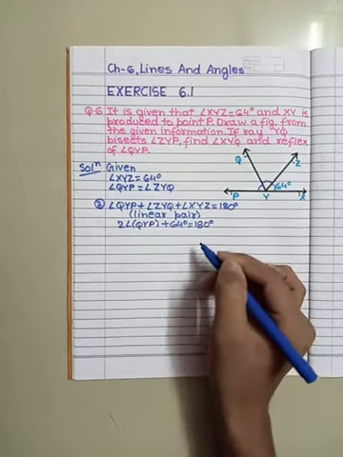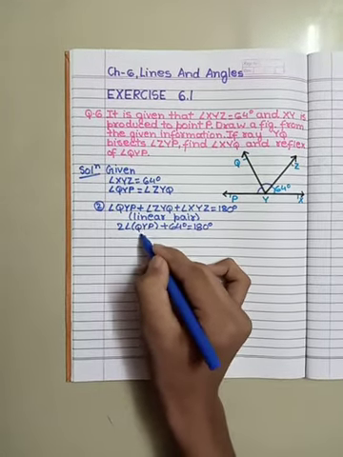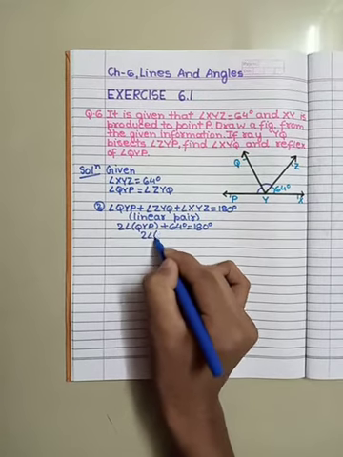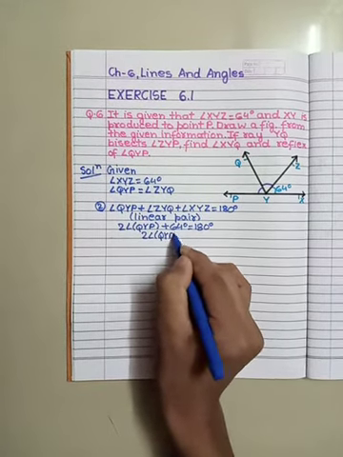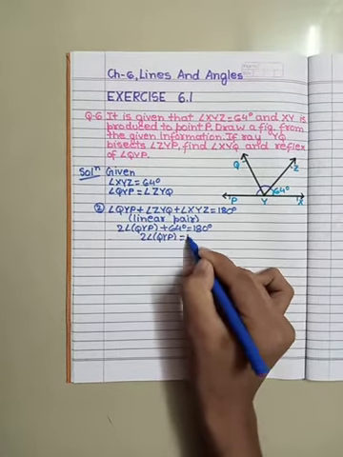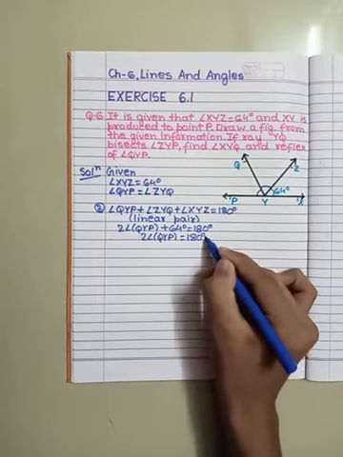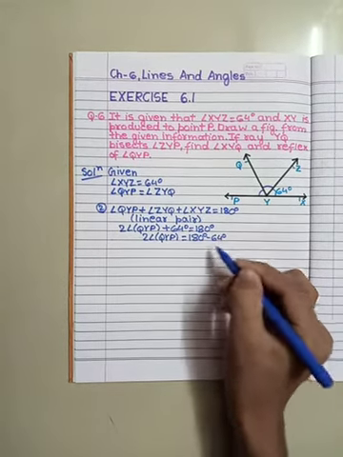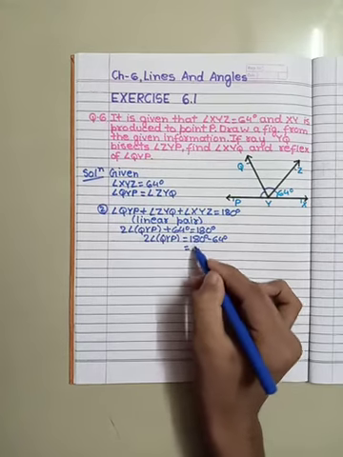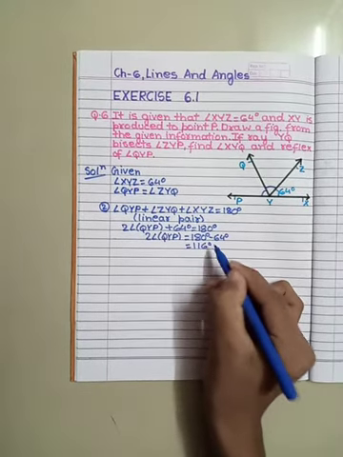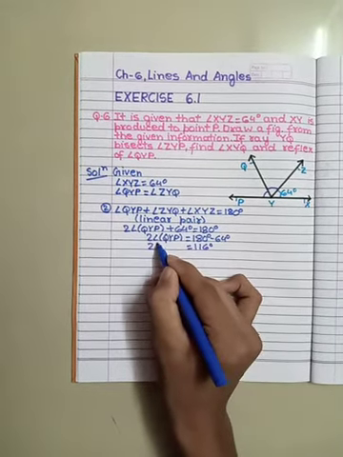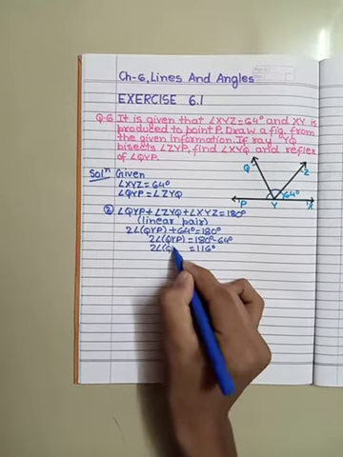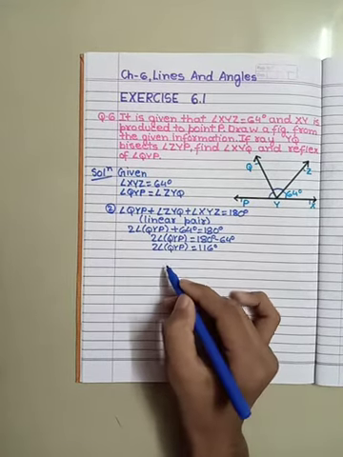So now 2 times angle QYP will be equal to 180 degrees minus 64 degrees. So it will be equal to 116 degrees. So 2 times angle QYP is equal to 116 degrees.